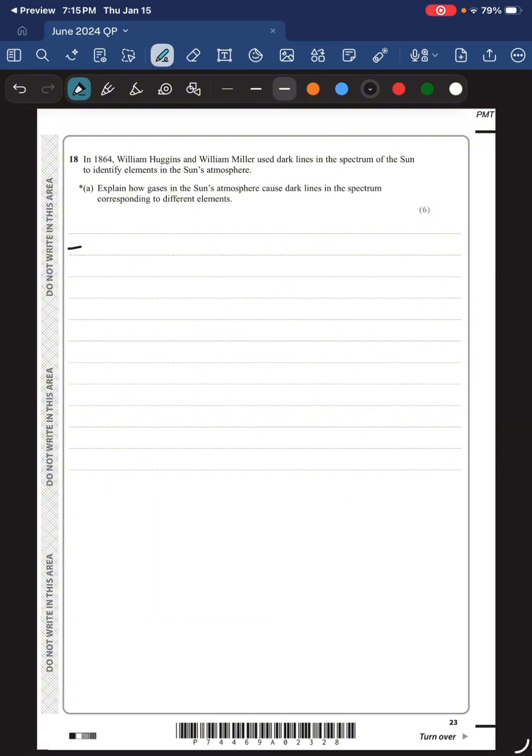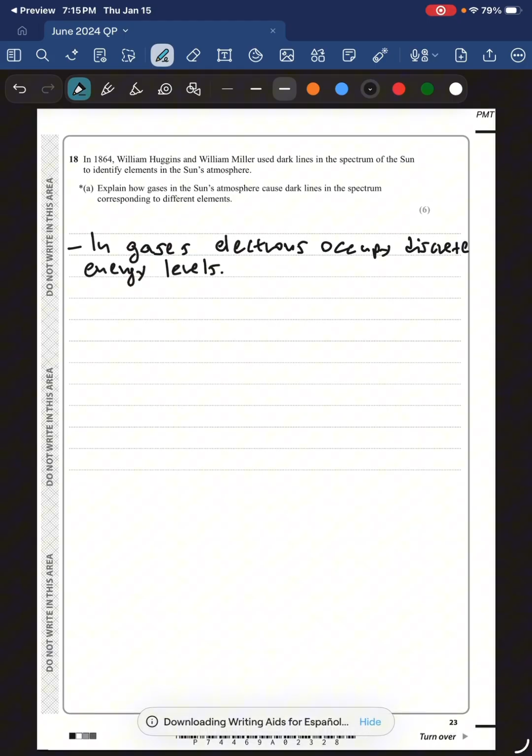So, first observation is that in gases, electrons occupy discrete energy levels, which look like this. I mean, they might look like this, okay?